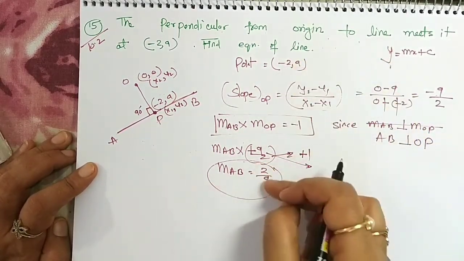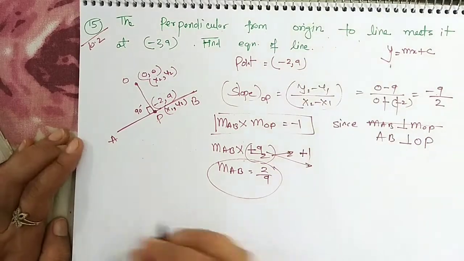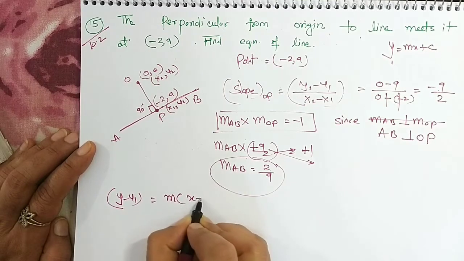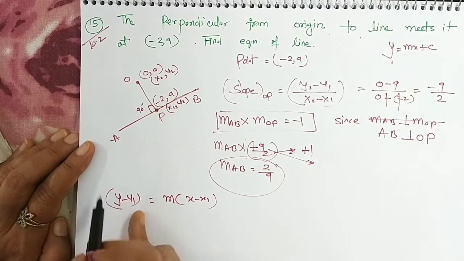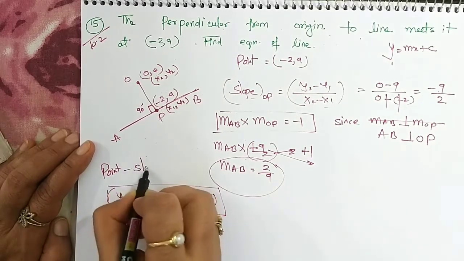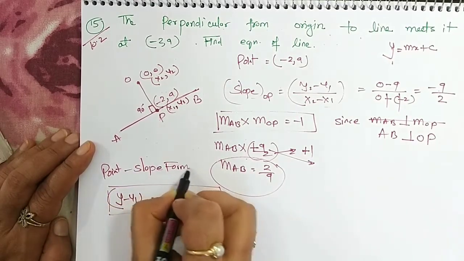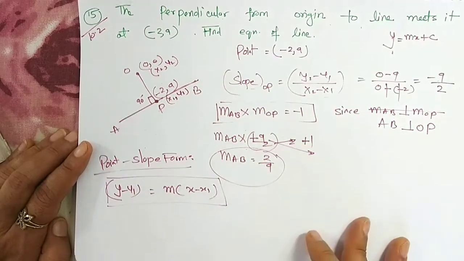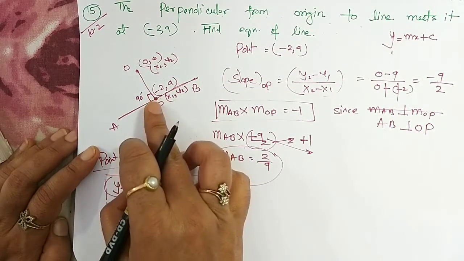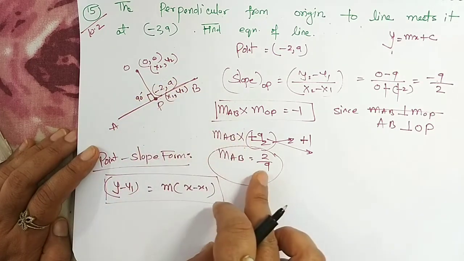I have slope. I have point. So what to wait for? The formula is y minus y1 equals m into x minus x1. This is called point slope form equation. I will use it. So here the point should be which is present on the line. That means this point, and slope is this.